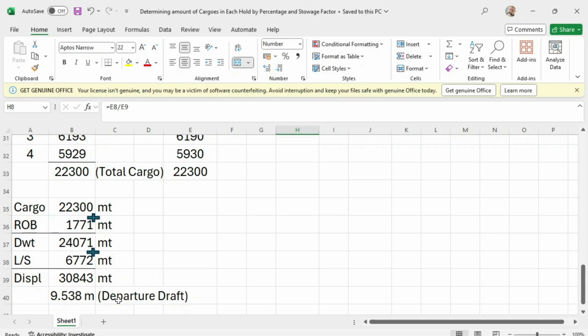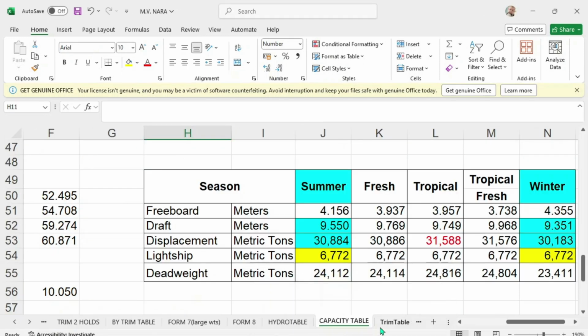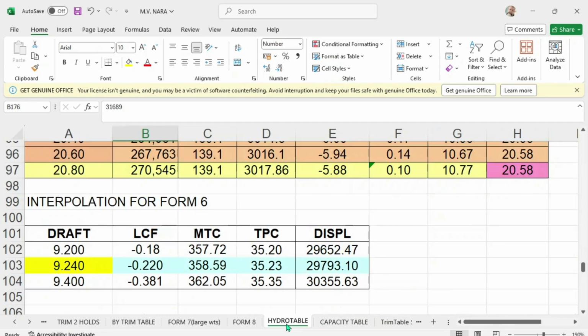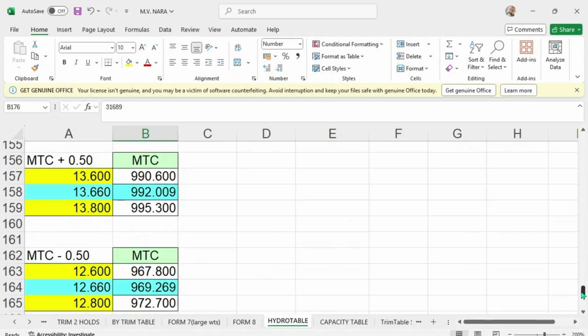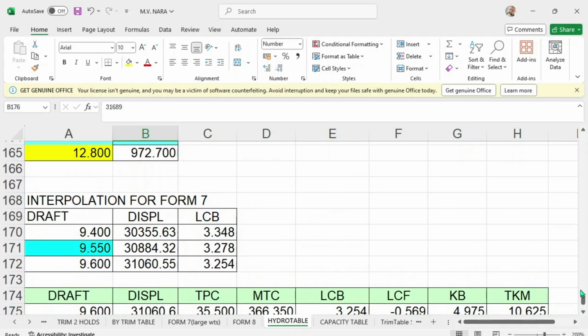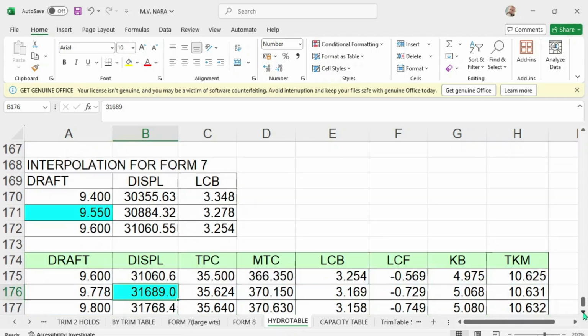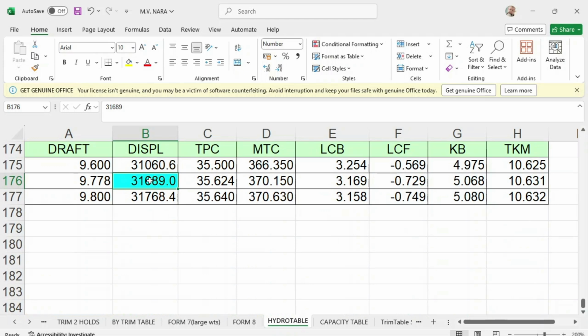So how much would this be in your departure drop? You check the hydrostatic table. 30843. Scroll down. Then 30843, right here. That will be 9.538.